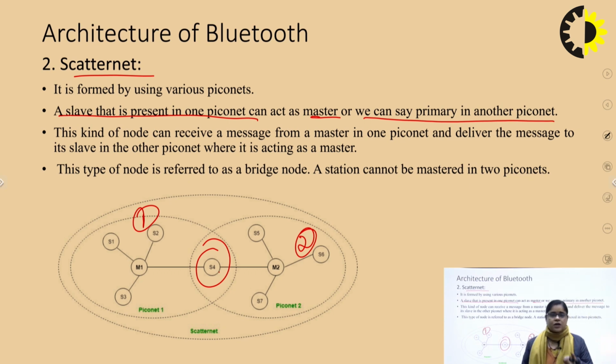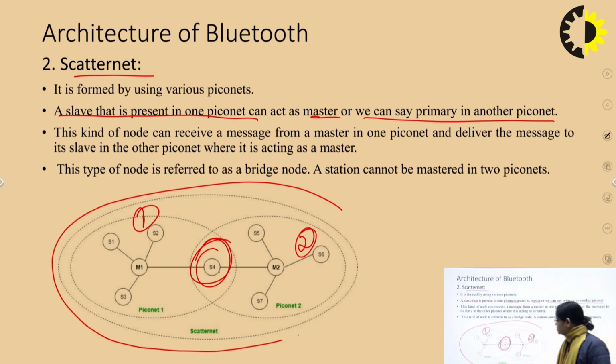So, the basic idea of the scatternet is that a slave which is present in one piconet can act as a master to the other, because it acts as a bridge. The slave acting as a bridge can connect the two piconets and create one architecture, and this architecture is termed a scatternet.